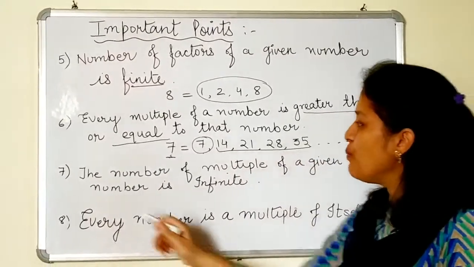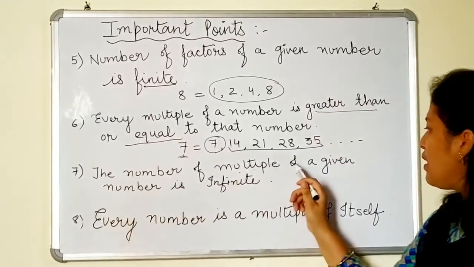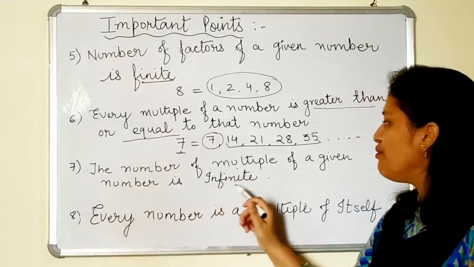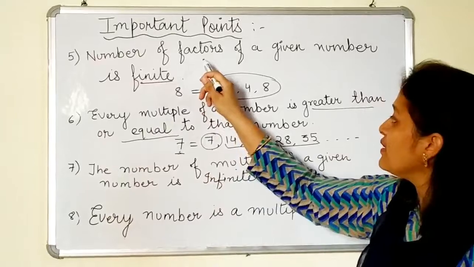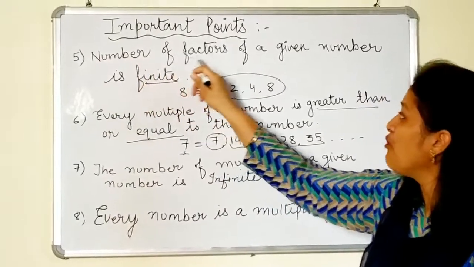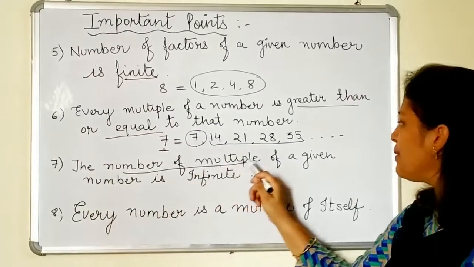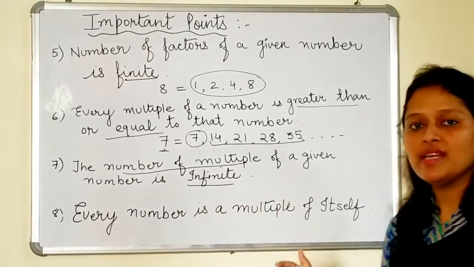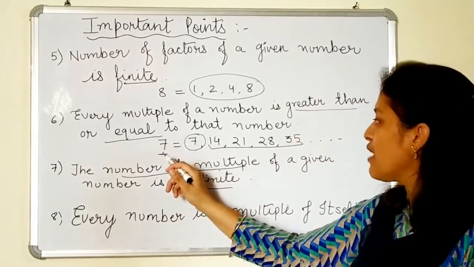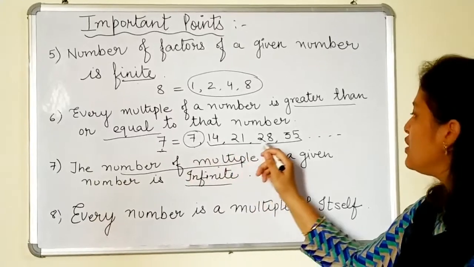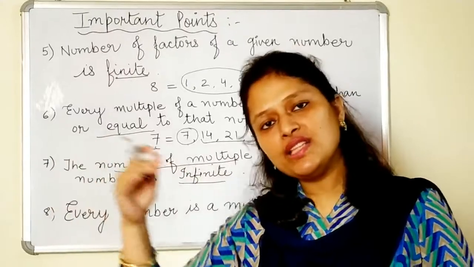Now come to point number 7. The number of multiples of a given number is infinite. Okay, this is just the opposite of the case of factors. In case of factors, the number of factors is finite. In case of multiples, the number of multiples is infinite. It means there is no fixed number of multiples. Now multiples of 7 are 7, 14, 21, 28, 35, 42, 49, 63 and so on.